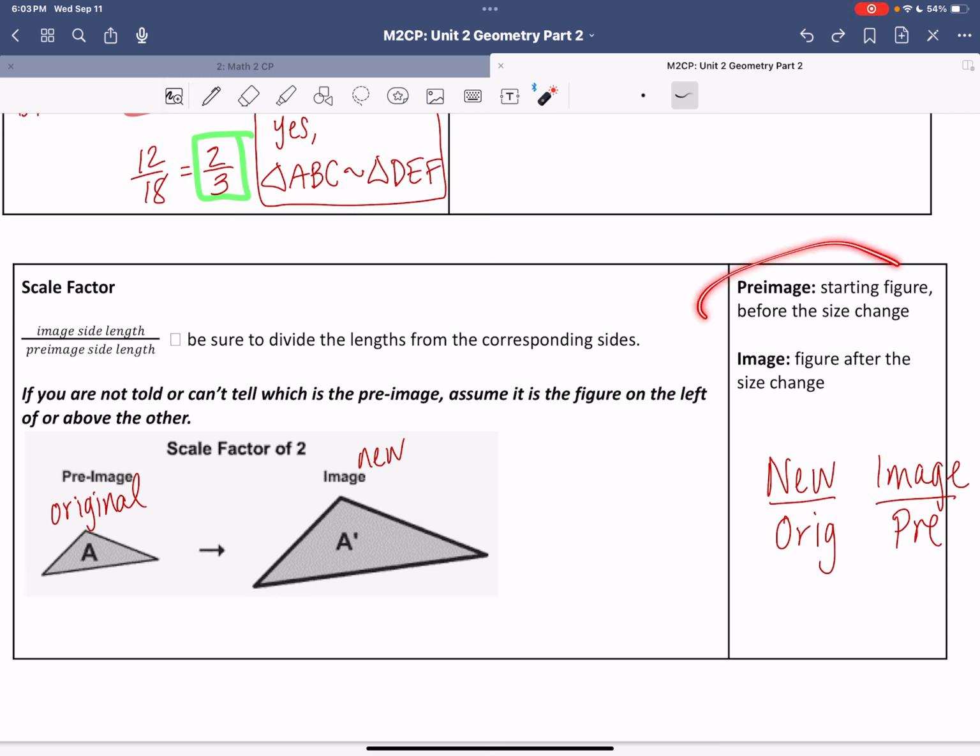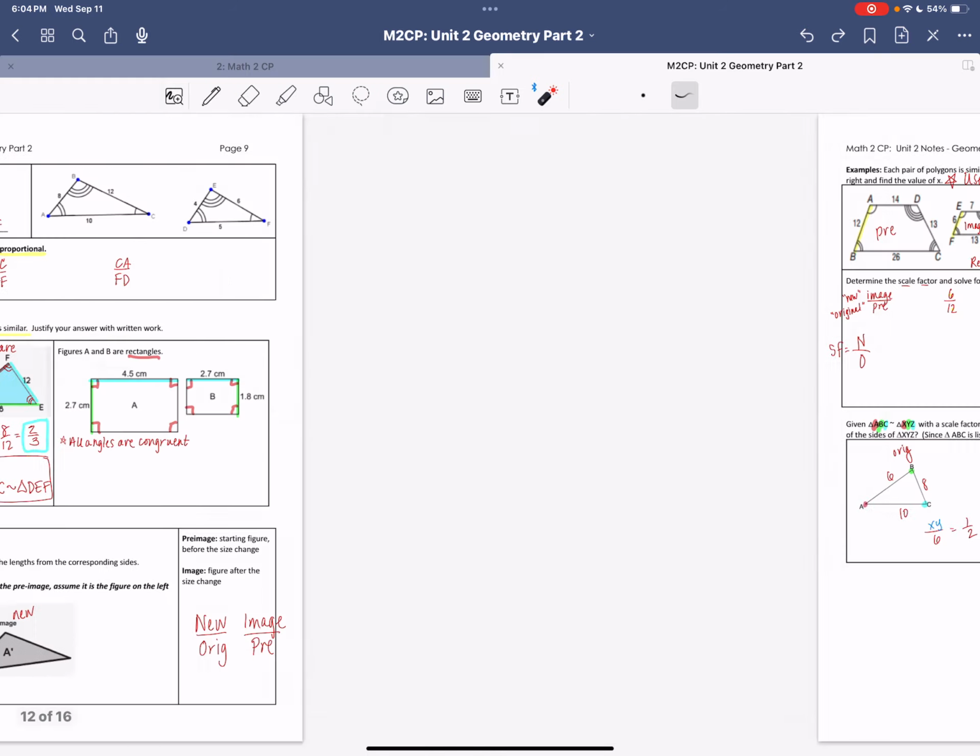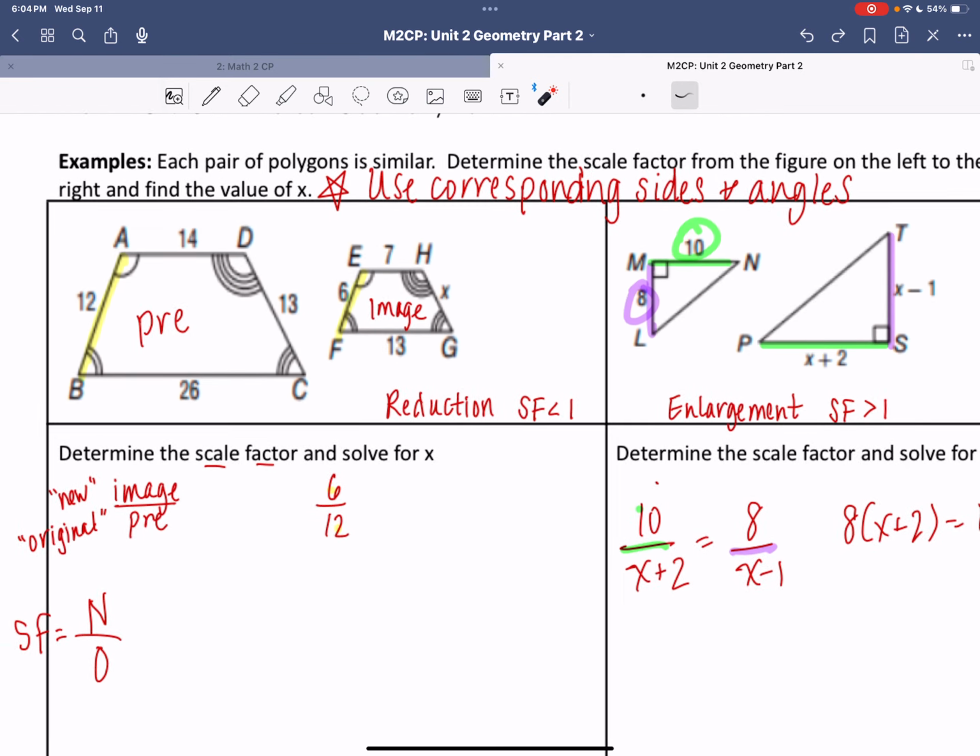So pre-image is your starting figure. So that's before you multiply it by the scale factor. And the image is the after. So I like to remember it as new over original, but your new is your image and your original is your pre-image.